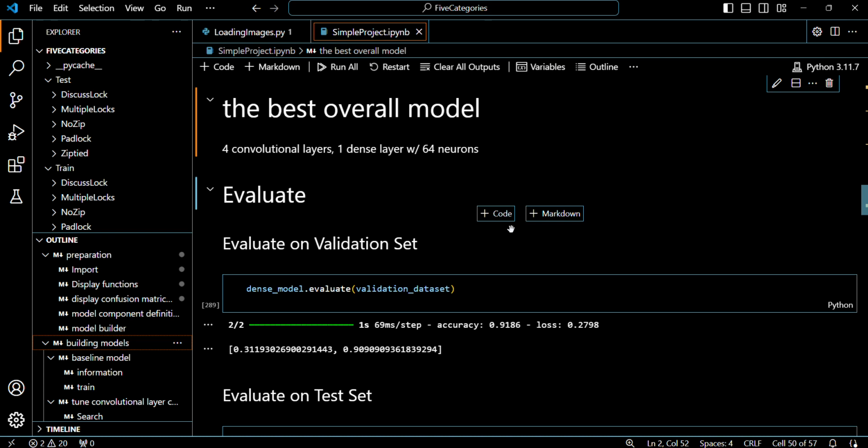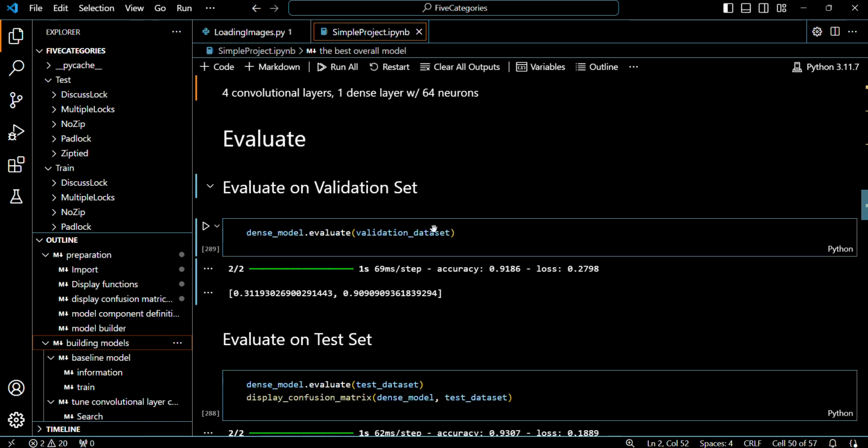All right. So now that we've tuned our various parameters, we look at the best model we found.